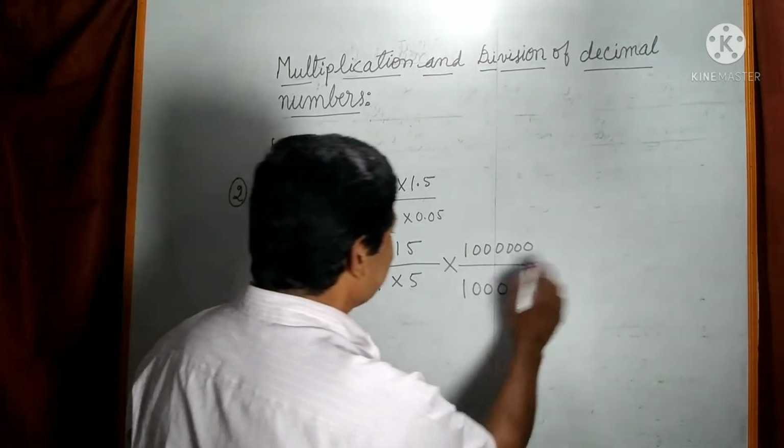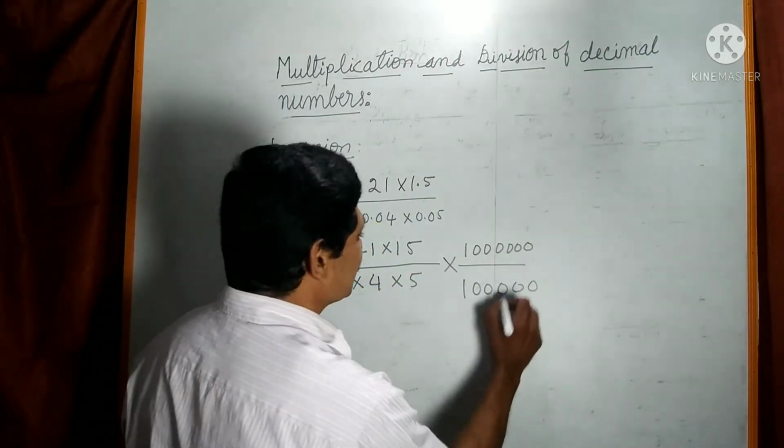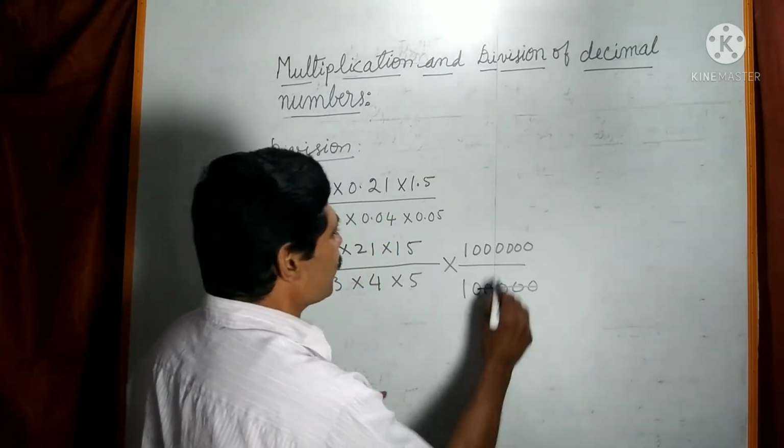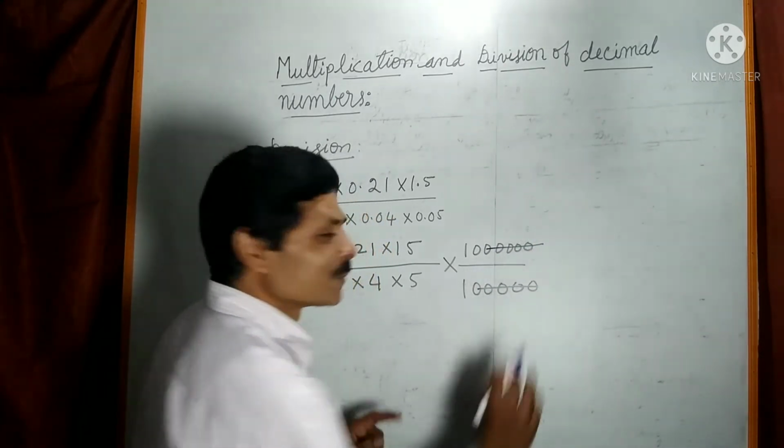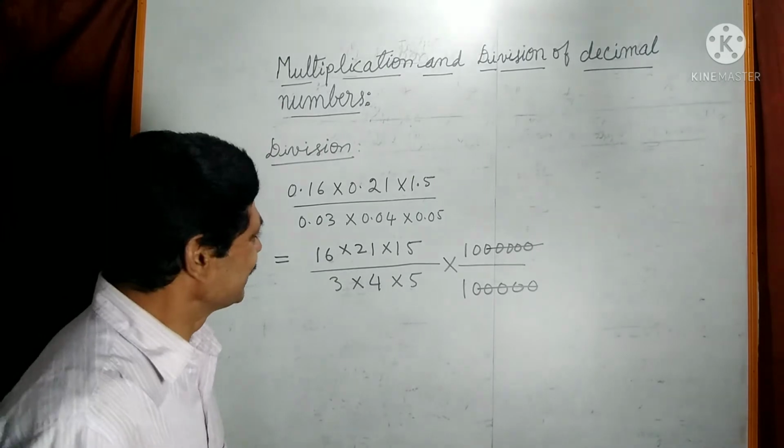Now we will cut the zeros. 5 zeros. Cancel.